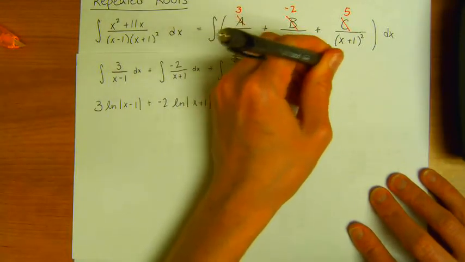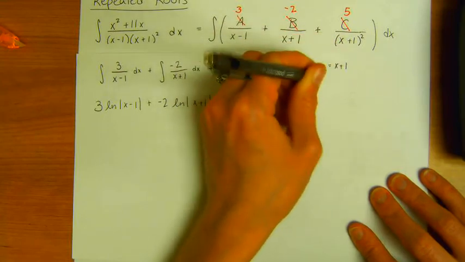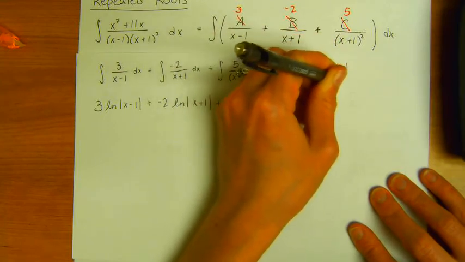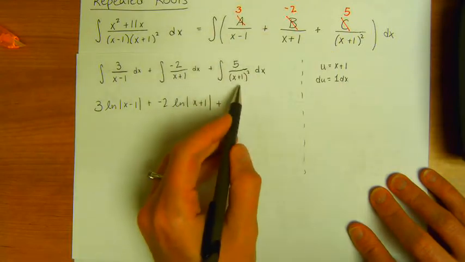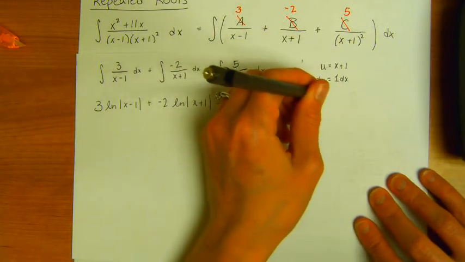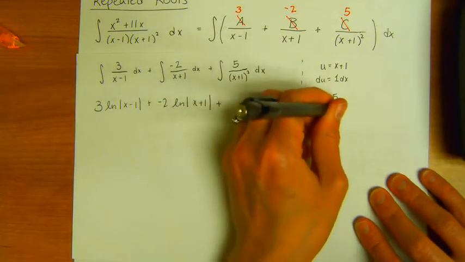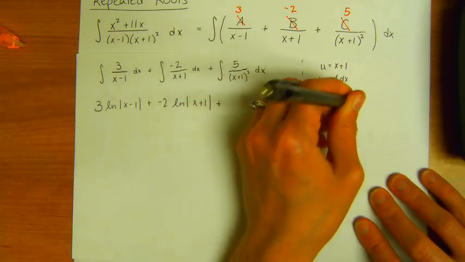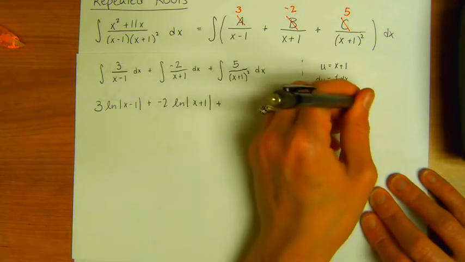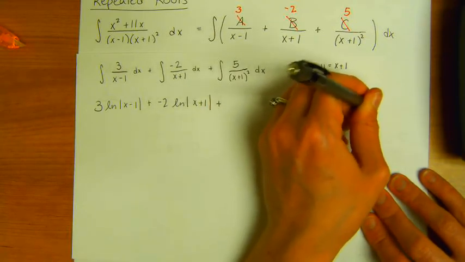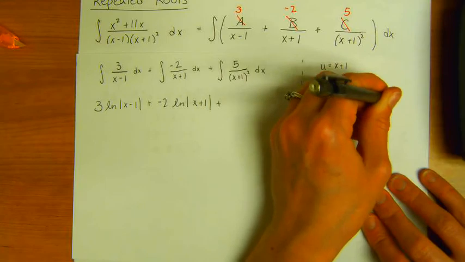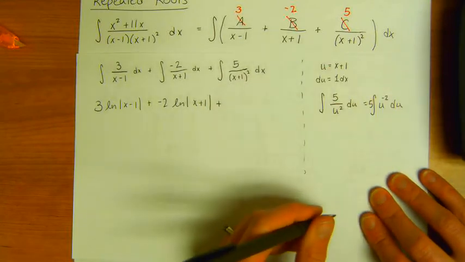Let's let u equal x plus 1. That means that du is equal to just 1 dx. So it's an easy u substitution. And now when I'm integrating 5 divided by u squared du, which is equal to 5 times the integral of u to the negative 2 du.